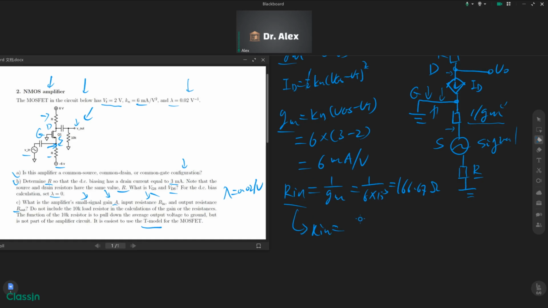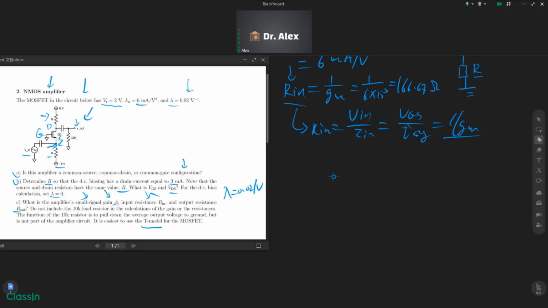Because Rin equals Vin divided by Iin. Vin is our VGS, and Iin is our signal current. So this result is the reciprocal of transconductance. So we just calculated the value for the input resistance.